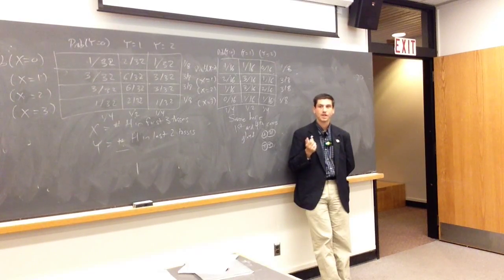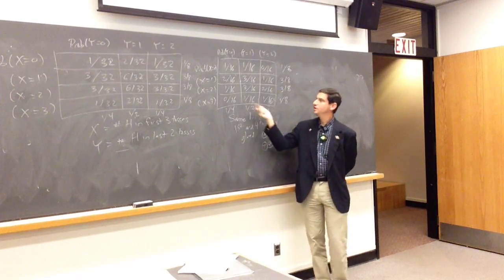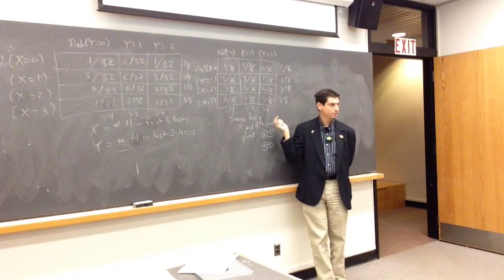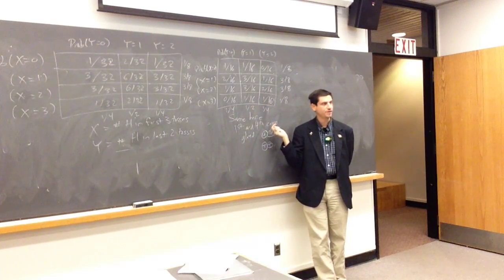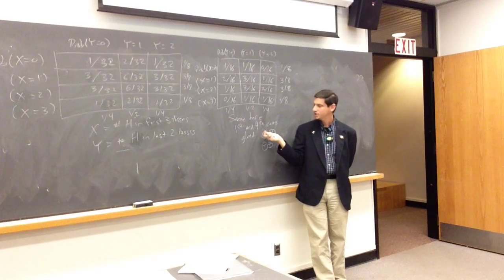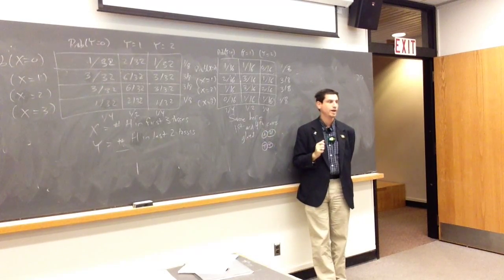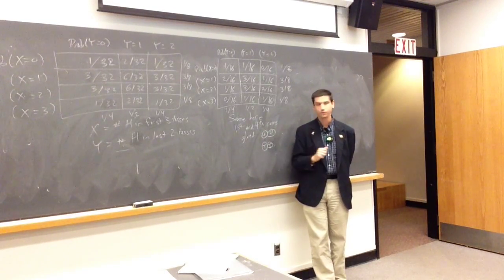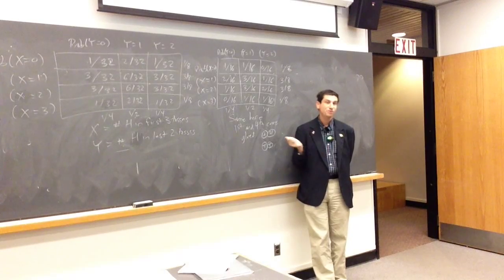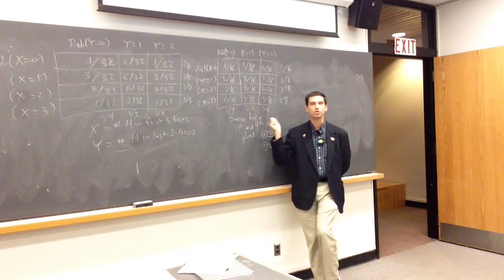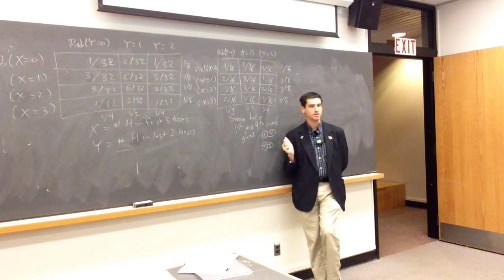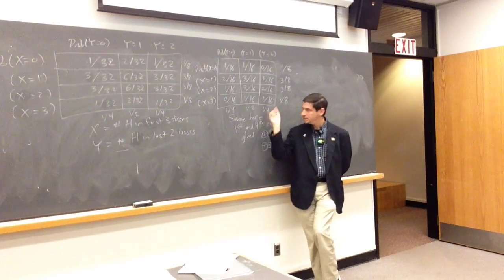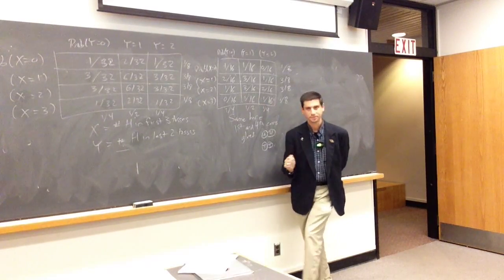It's not 2. Because the only way I could have a 2 is if both coins, 4 and 5, ended up as heads. As soon as I know x is 0, I know coin 1 has to be a tail, so coin 4 has to be a tail. If I know x equals 2, it's more complicated, as all values of y are still possible. So you can clearly see that there are some dependencies here.